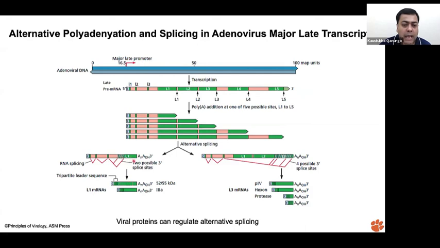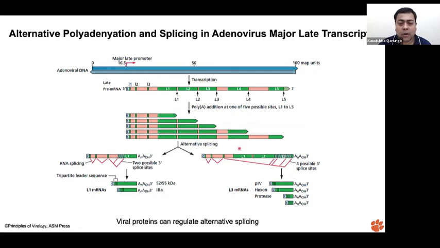So from the L1, you can get 2 mRNAs, and both of them will have the initial leader sequence of these 3 exons. So these 3 dots are these 3. You have it in here in the L1 mRNA, which is a little bit more. This is a 52, 55 kilodalton protein, and the protein 3A. Both of them have the same initial sequence, but they are different proteins.